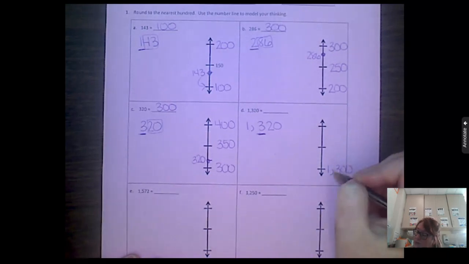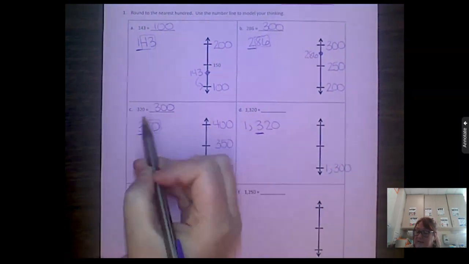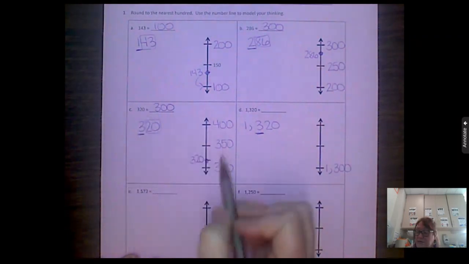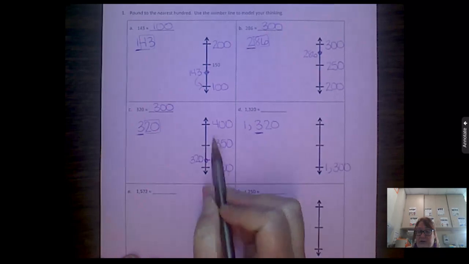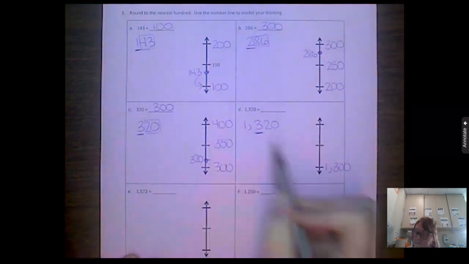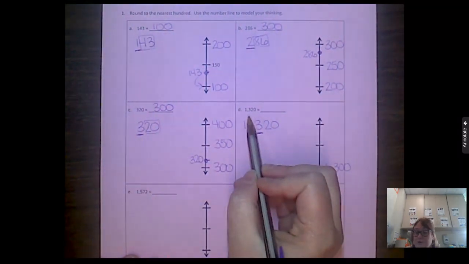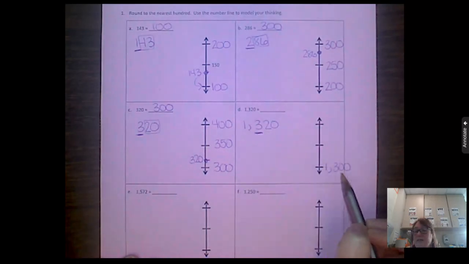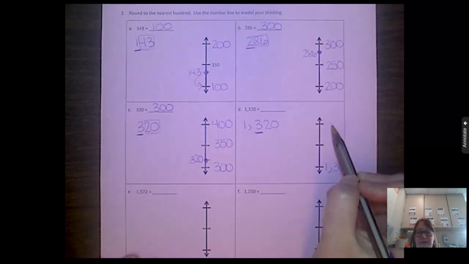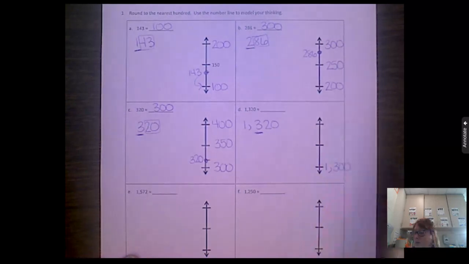So 1,300. Same thing here. This is 320. So we said that the lowest number, the 200 that's between, is 300 and 400. So now we have 1,320. The 200s that it's between is 1,300. What would this one be up here? 1,400.